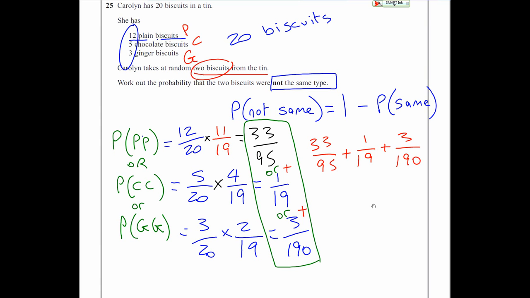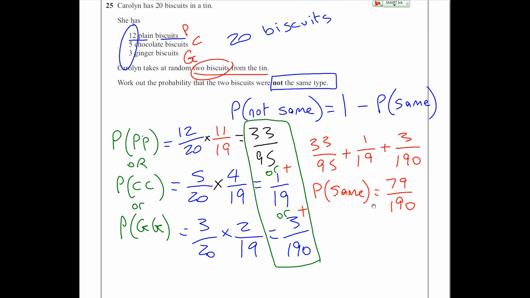And this is going to give us a probability that they are the same. On your calculator, 3 over 190 plus 1 over 19 plus 33 over 95 gives you the answer of 79 over 190.